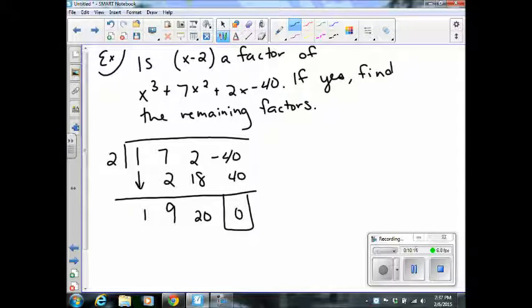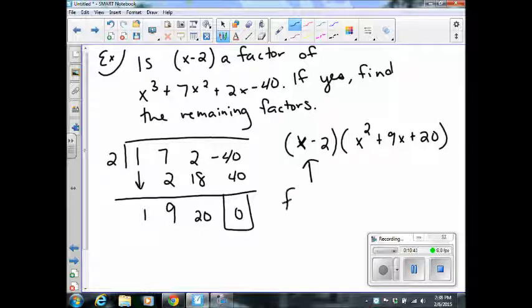Looking at this, I get a remainder of 0. This means that I have x minus 2 times x squared plus 9x plus 20. So yes, it was a factor, but now I need to find the remaining factors. Obviously this one's a factor; we already determined that.